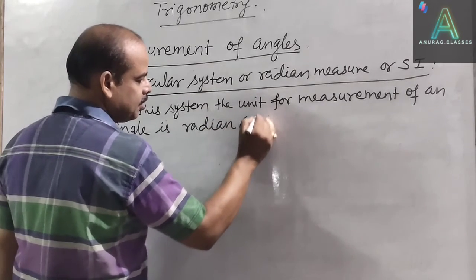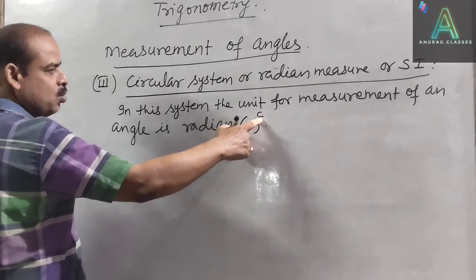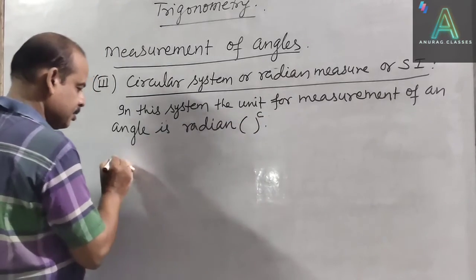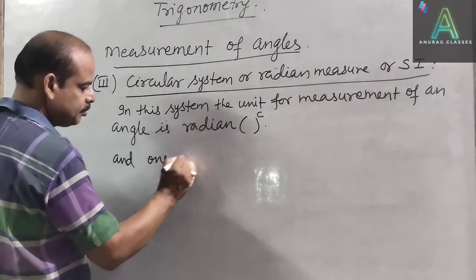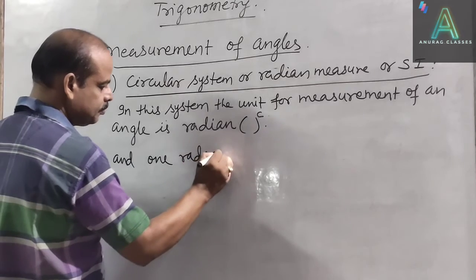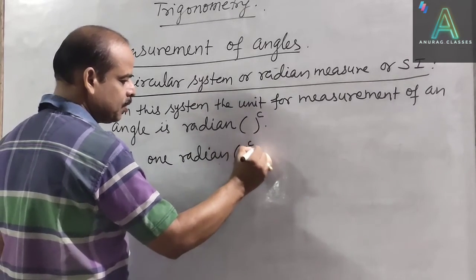Symbolically we write like this, where C indicates circular system, and 1 radian, that is 1 power C, like this.